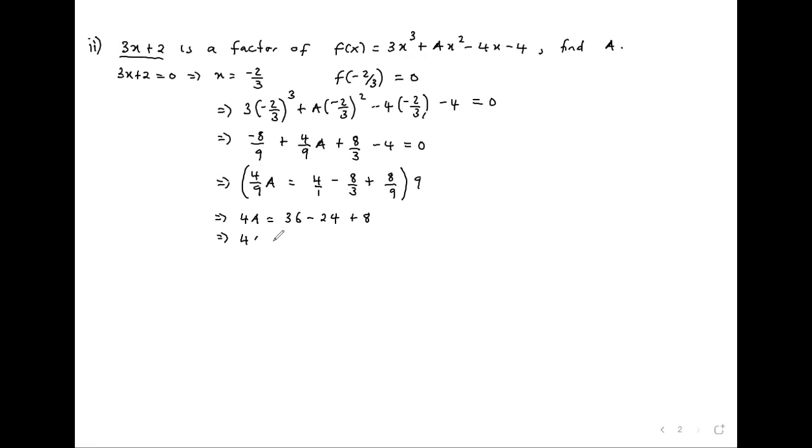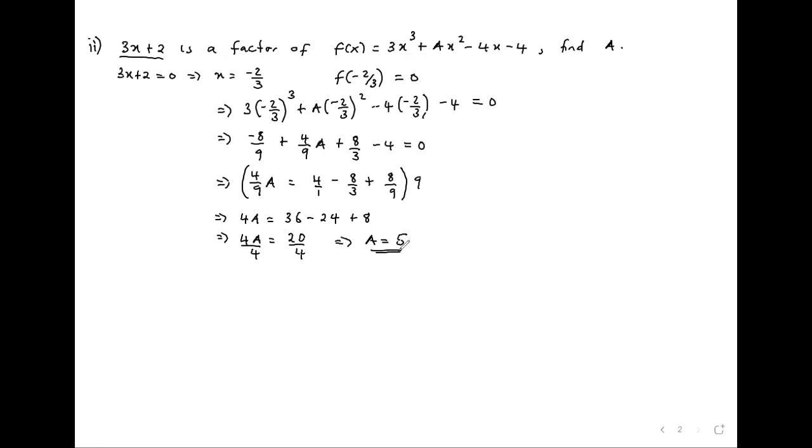So we're getting 4a is equal to 36 minus 24, that is 12. 12 plus 8, that is 20. And then divide by 4, divide by 4. So we obtain that a is equal to 5.